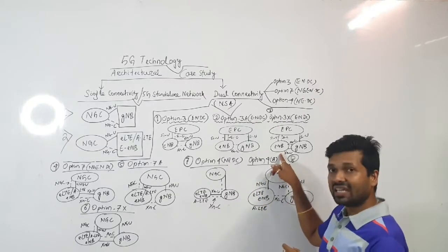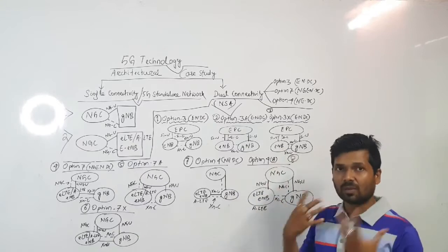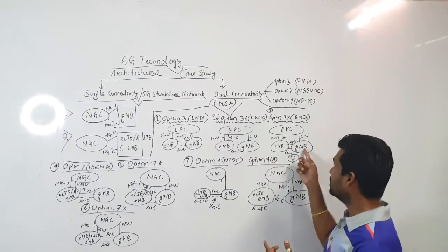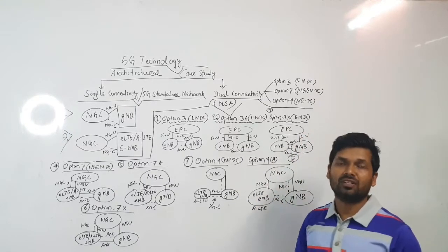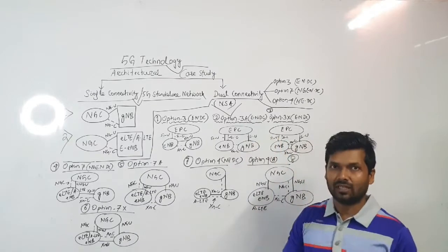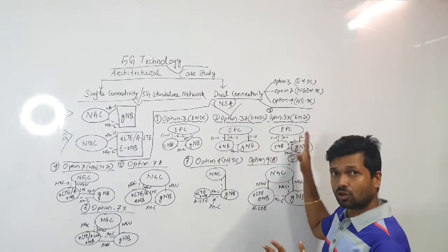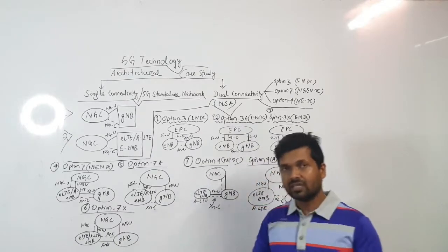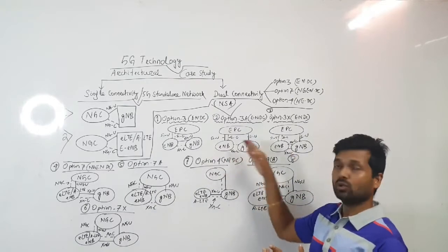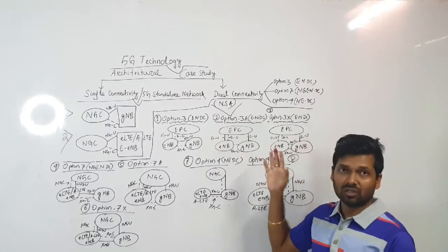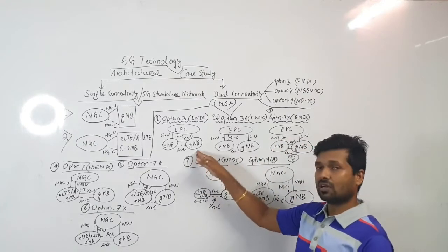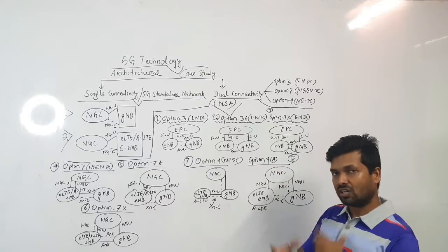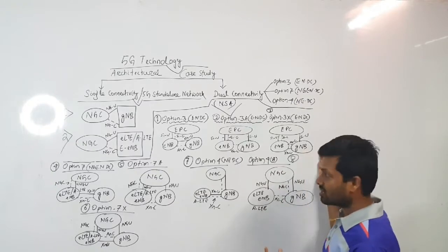But in option 3X, E node B is capable of handling it, and also the G node B can send the user plane traffic to the EPC directly. So these are three basic options where the telco already has an established LTE network. They can do all these options depending on their requirements. If they are starting, they can start from here. If they want to add additional features, they can go for option 3X.